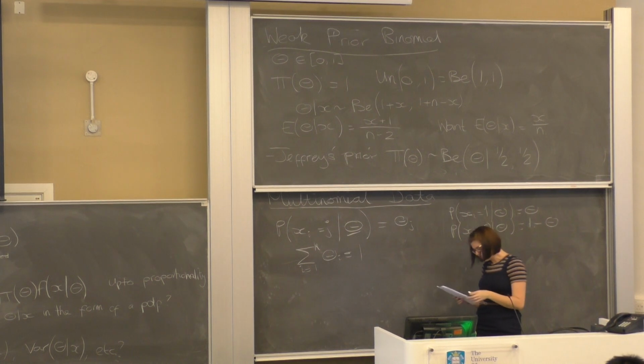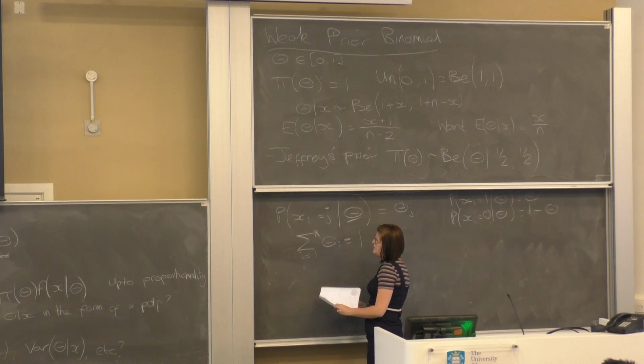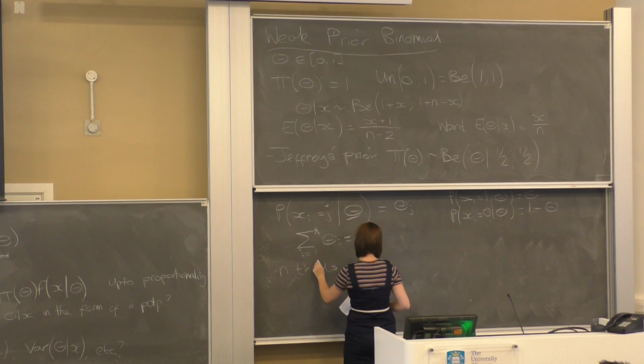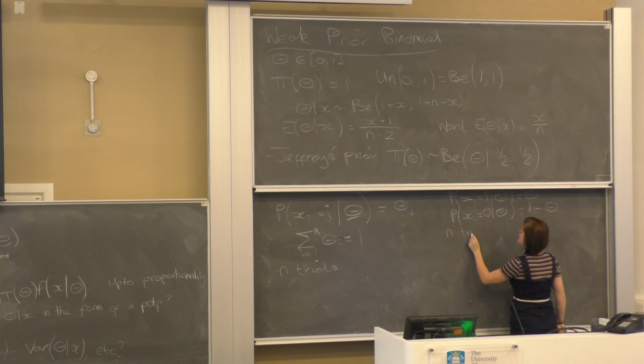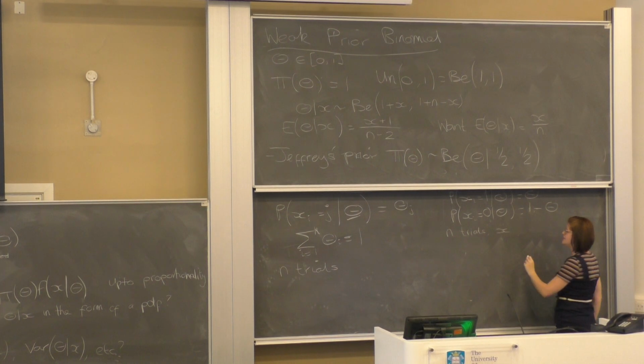So we're still going to have the same setup as before, where we have n trials. And now, in the binomial case, we would have said that we had n trials. We would have seen x successes.